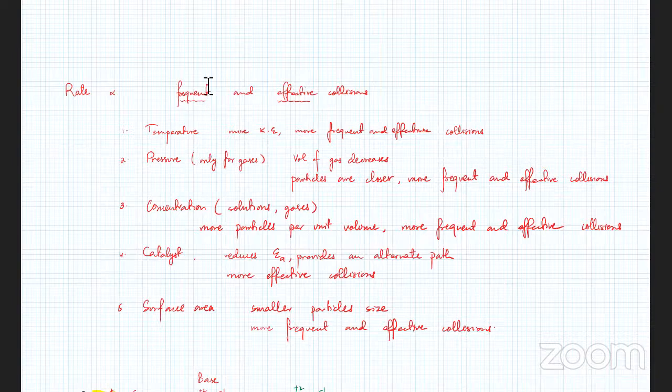The particles could be bumping into each other, but they probably don't have a lot of energy, so they're not going to be very effective.